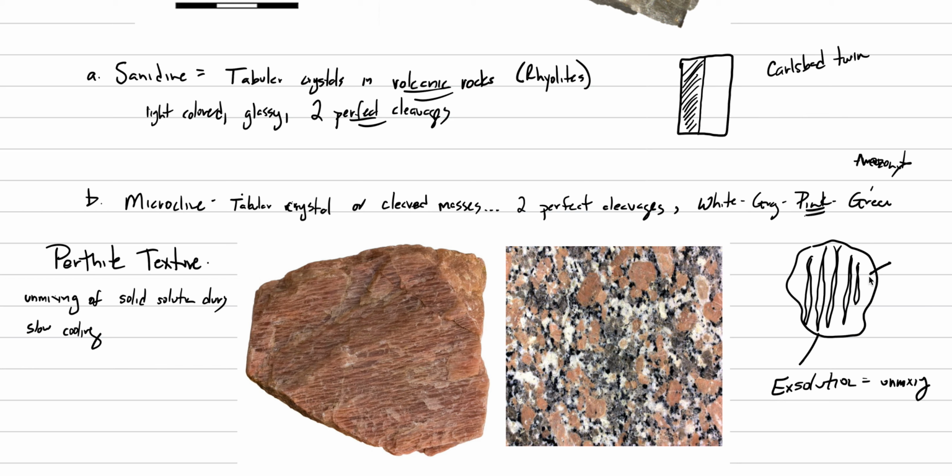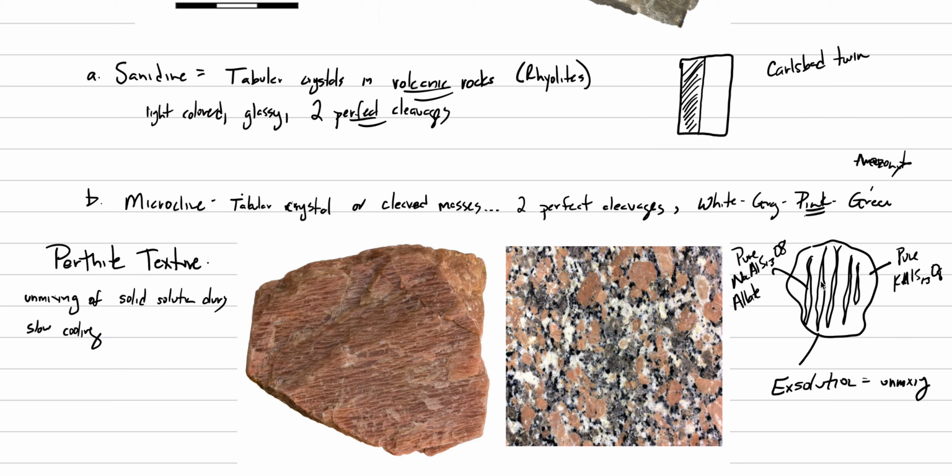So the main material, oh boy, how do we explain this quickly? Well, the main material is just going to be pure KAlSi3O8. But these stripes end up being pure NaAlSi3O8, which is also known as albite, plagioclase.